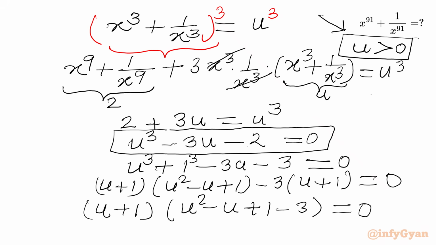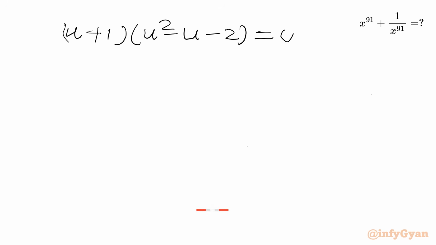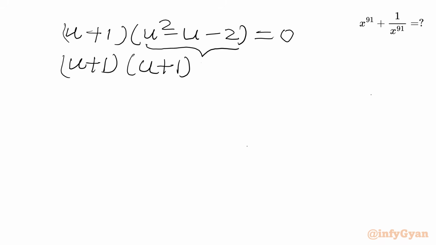Or we can write u plus 1 times u square minus u minus 2 equal to 0. Now we have to factor this expression. So this is a quadratic expression. We can factor easily and write u plus 1 times u minus 2 equal to 0.